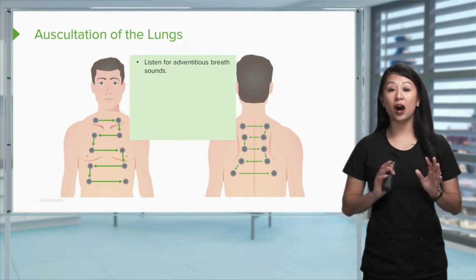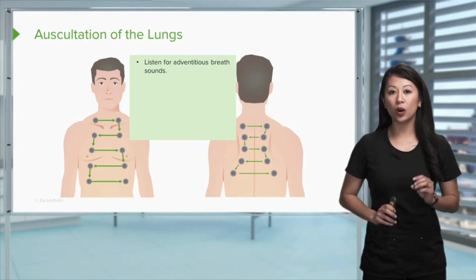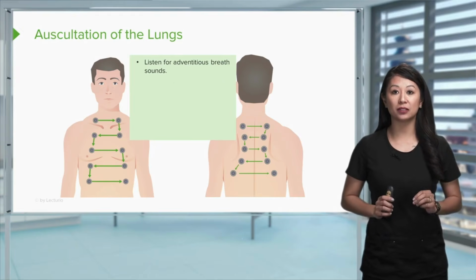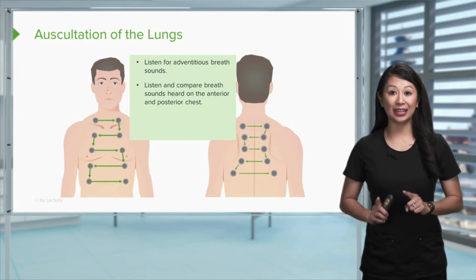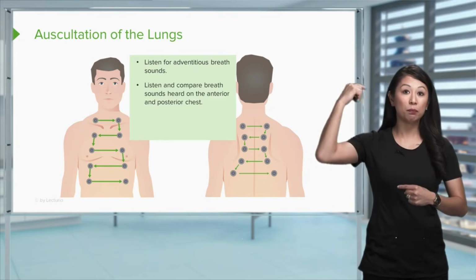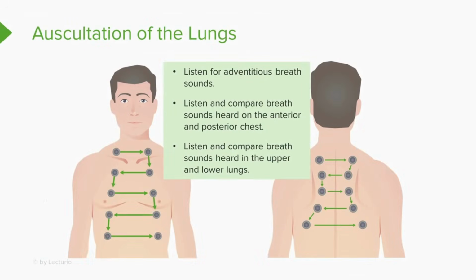Now let's talk about auscultation of the lungs. This is so important. We're going to talk here on how we actually do the auscultation and perform this. Please don't forget to compare both sides, meaning anterior and posterior, and the upper and lower lobes. This is really important, and many times you're going to see in nursing where you see the nurse just listen quickly and go.